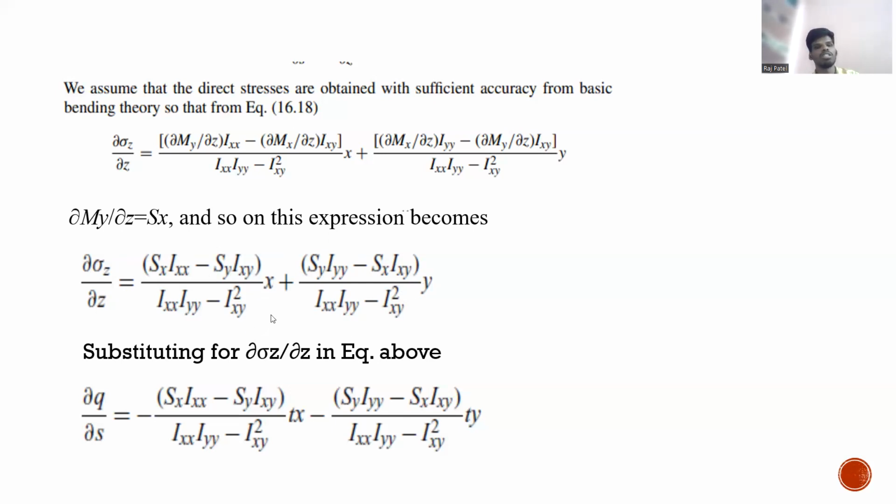So the dou sigma z by dou z, by substituting the above equation, becomes dq by dou s equals minus Sx into Ixx minus Sy into Ixy divided by Ixx into Iyy minus I square xy, into tx, and minus Sy into Iyy minus Sx into Ixy divided by Ixx into Iyy minus I square xy, into ty, where t is the thickness, x is the distance from the neutral axis, q is the shear flow, whereas s is with respect to the s direction.